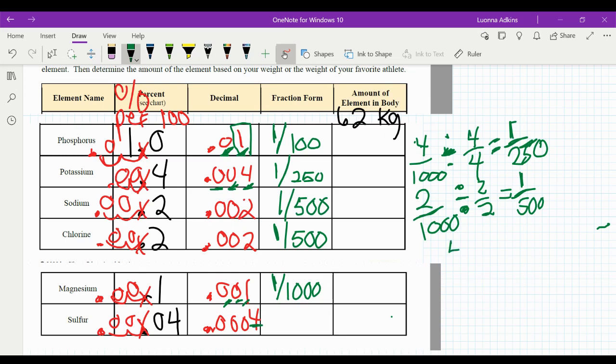So we would write 4 over 10,000. And we know the greatest common factor for those numerator and denominator is also 4. When we reduce that, we get 1 over 2,500.